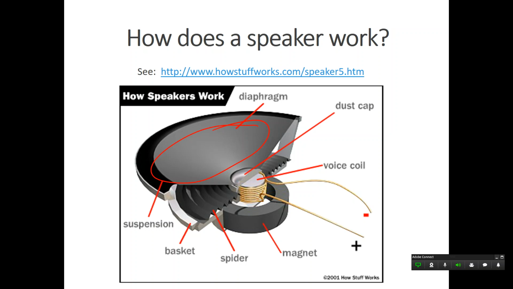So the computer or your iPod or whatever it is is going to send current in the wire to make the magnetic field stronger or less strong. When it's stronger, it pulls the speaker part down, and when it becomes weaker, it lets go and the part goes back up.